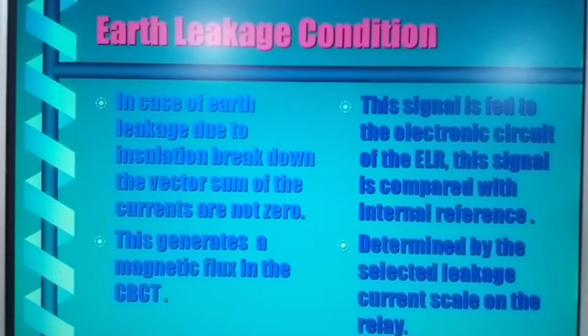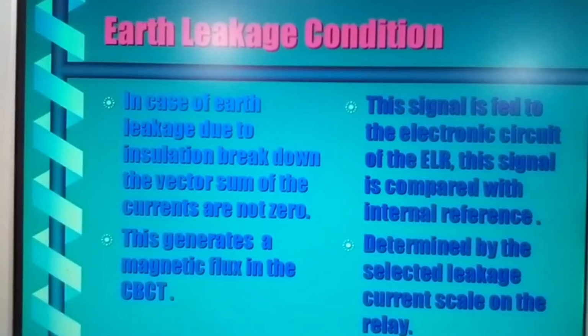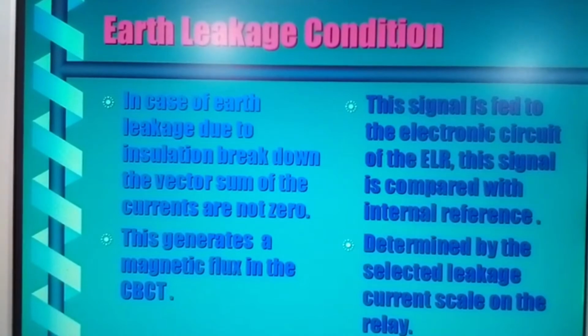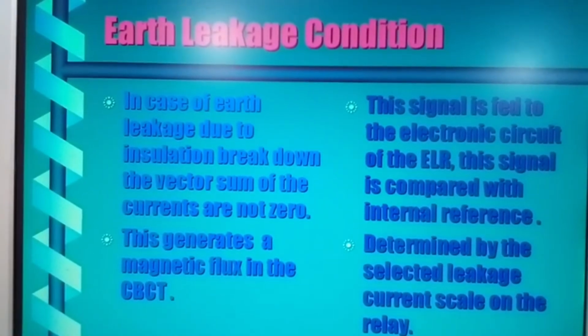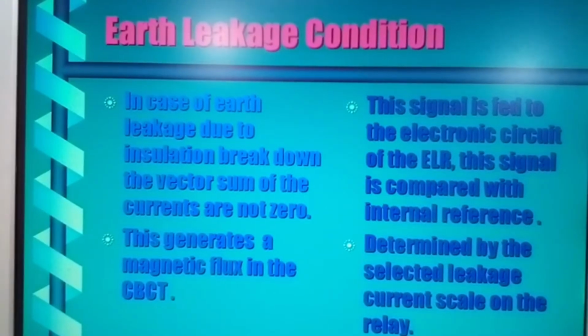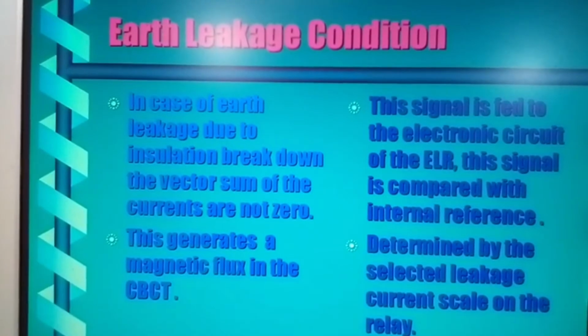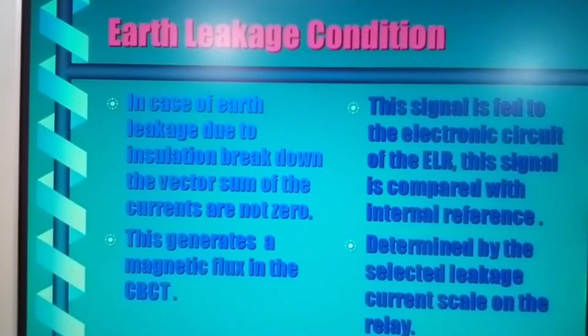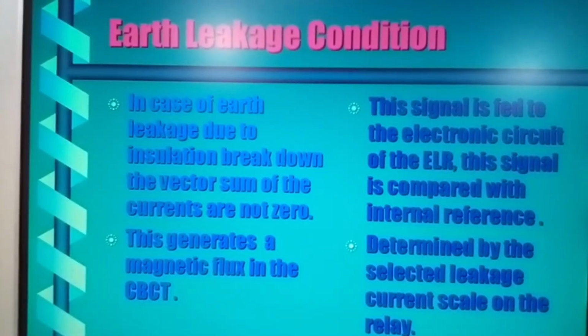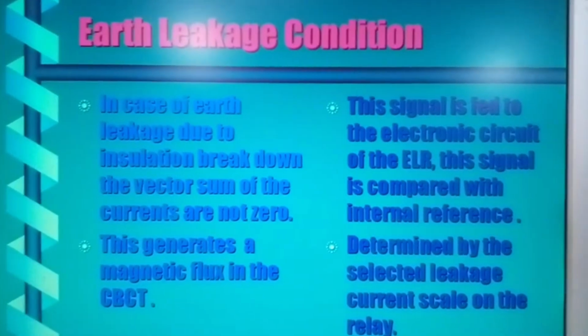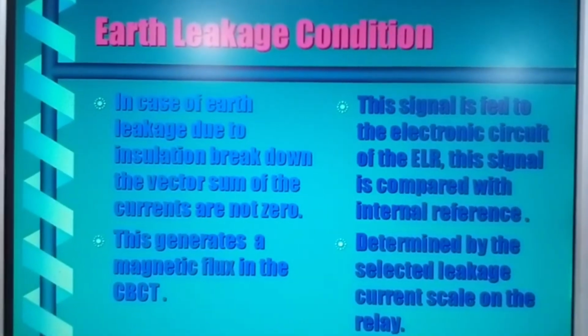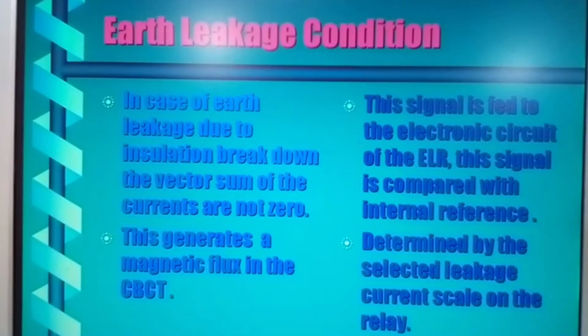Leakage condition. Now, in case of earth leakage due to insulation breakdown, the vector sum of the currents is not zero. This generates a magnetic flux in the CBCT. This signal is fed to the electronic circuit of the ELR.